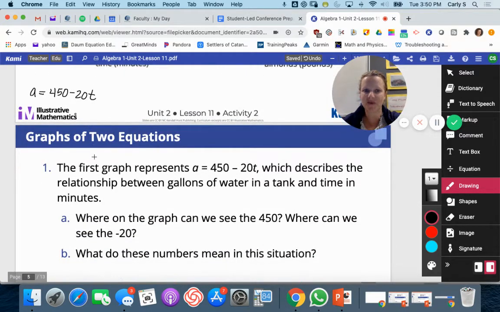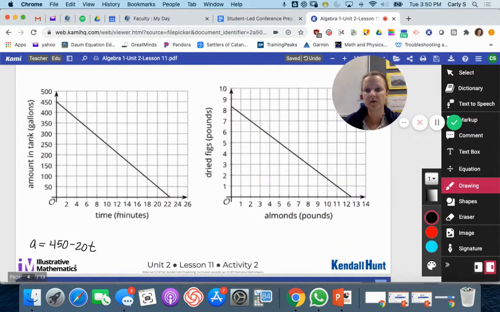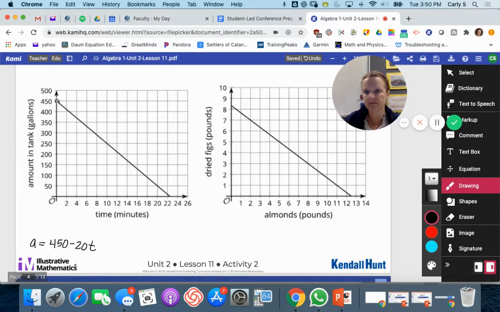We're going to have to go back and forth a little bit here. Where on the graph can we see the 450? Where can we see the minus 20? Well, the 450 is right here. And the minus 20 is actually the slope of the line. So we are decreasing 20 gallons for every 1 minute.